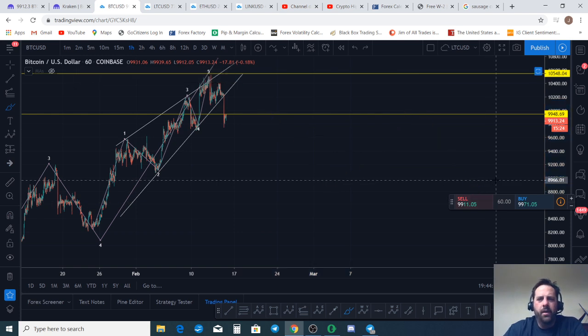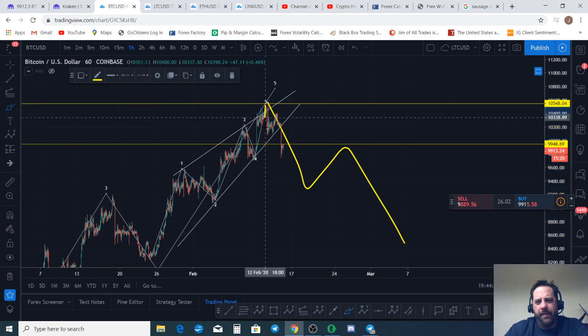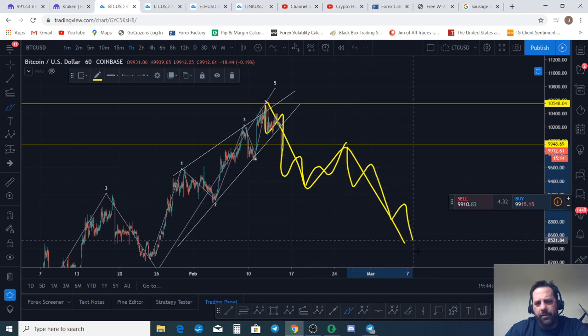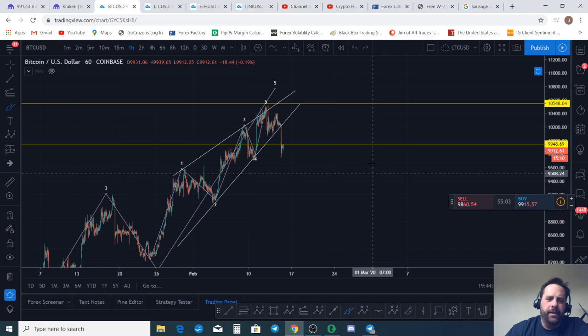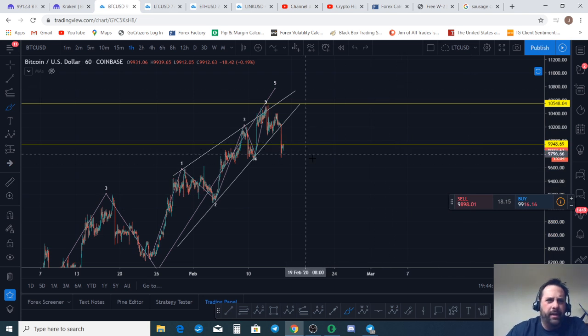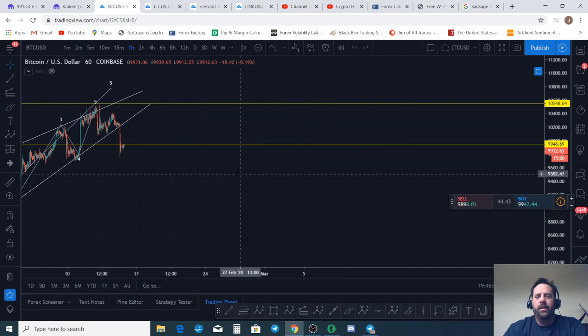Or we could have simply an A, B, C, in which you would have five waves in the first leg, three waves in the second, and then five in the third, and that's a 5-3-5 correction as well. So those are two different types of corrections. We can get a complex correction, which is a double zigzag, or we can get a larger ABC correction. Those are kind of the choices.